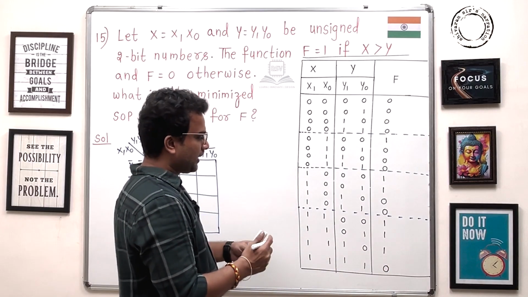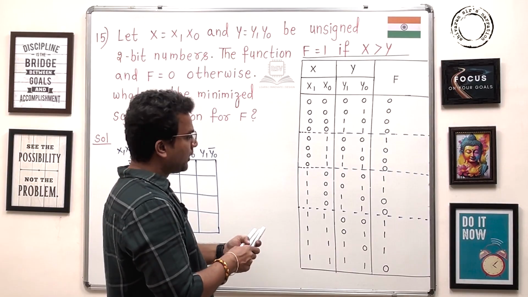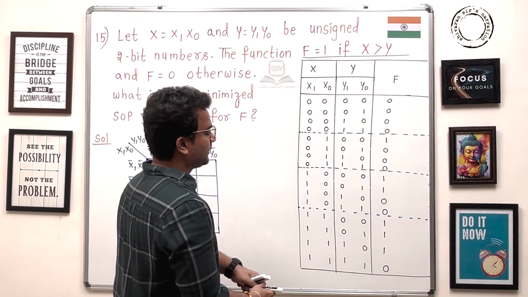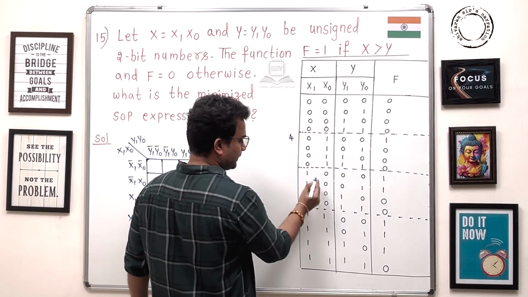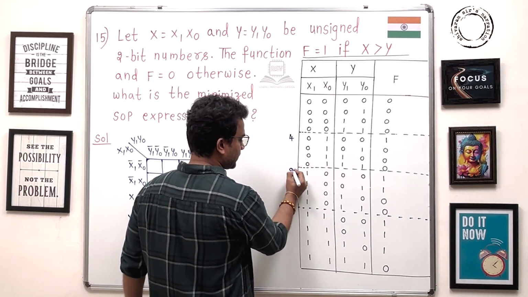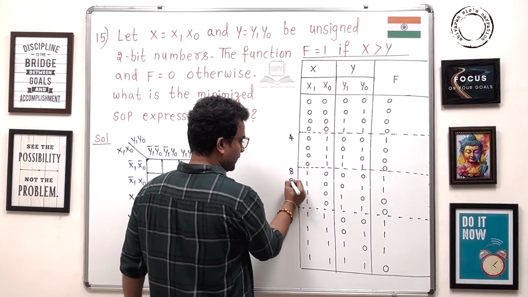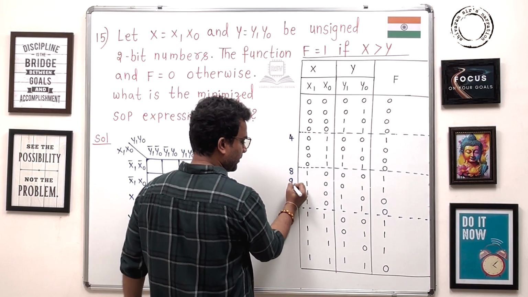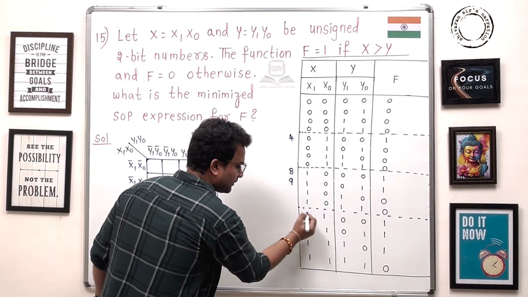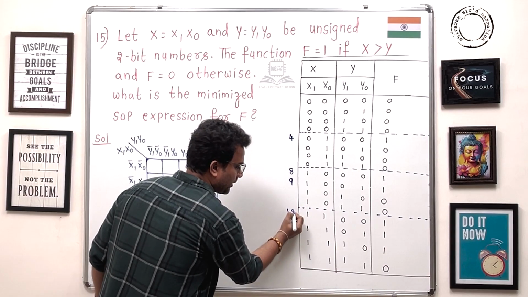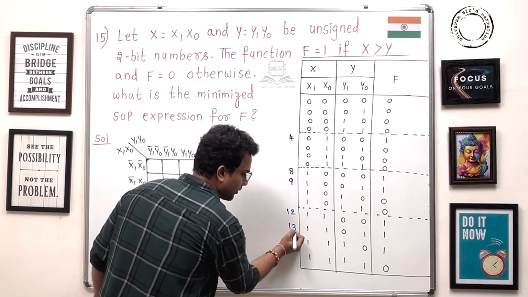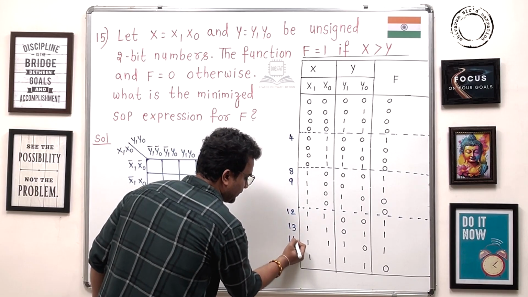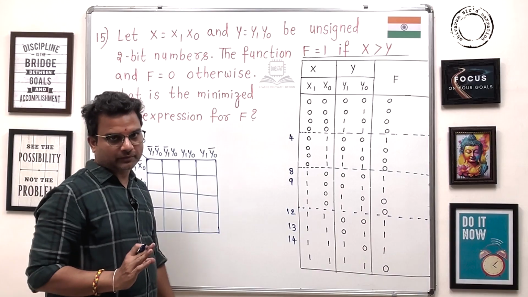This one, guys. Now if you see what the minterms are, obviously this is 4, 8, 9, 12, 13, 14. That's it. These are the minterms.